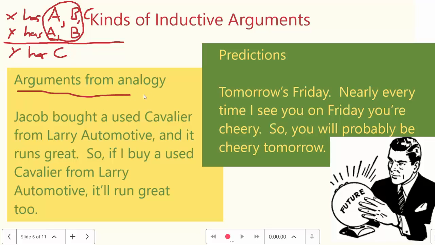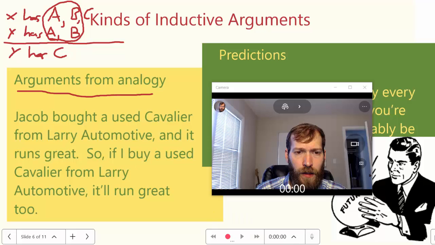So here, the example that I have is say that Jacob bought a used Cavalier from Larry Automotive, and it runs great.